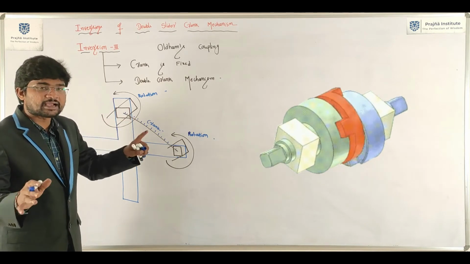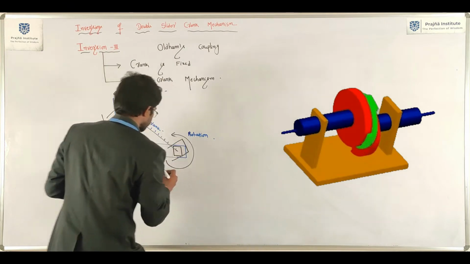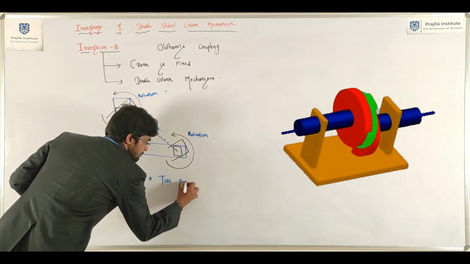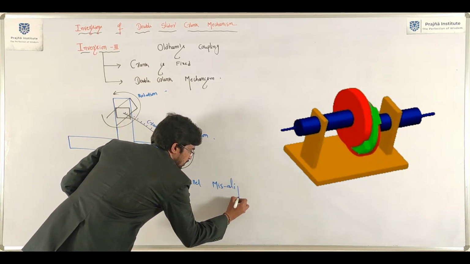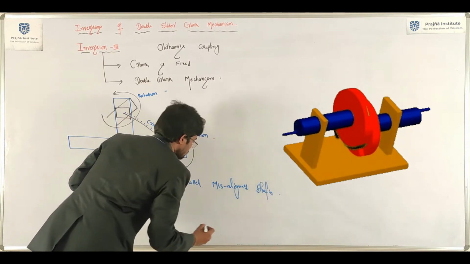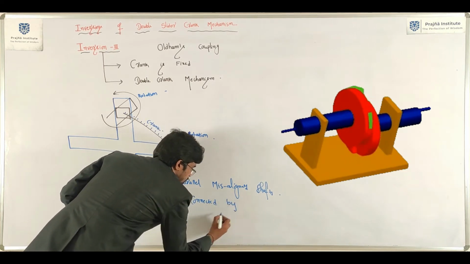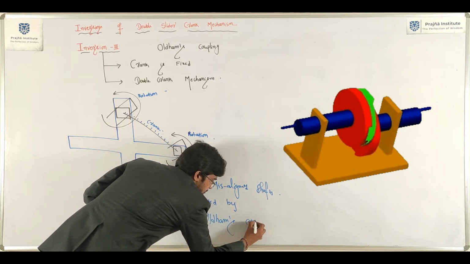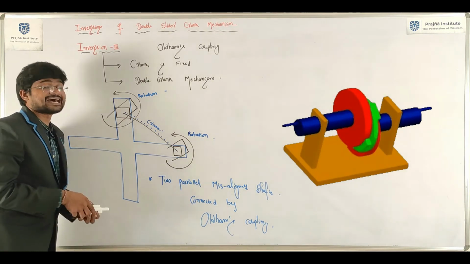Here we need to take two shafts, two parallel, misaligned shafts connected by Oldham's coupling.